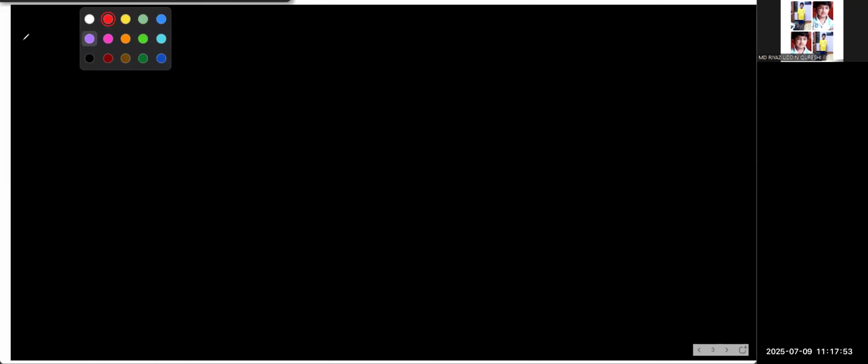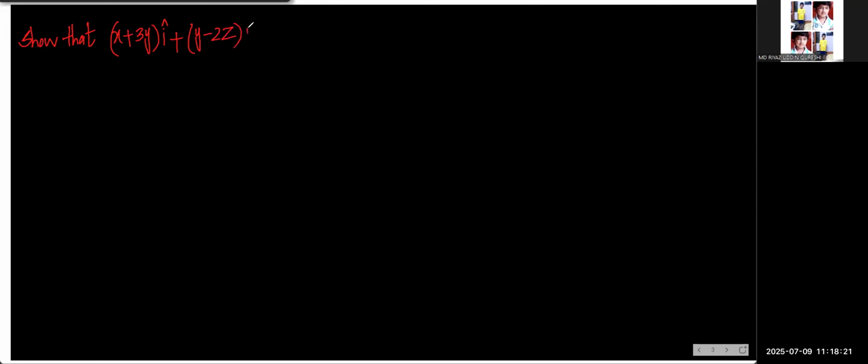The question is: show that (x plus 3y) into i cap, plus (y minus 2z) into j cap, plus (x minus 2z) into k cap is solenoidal.